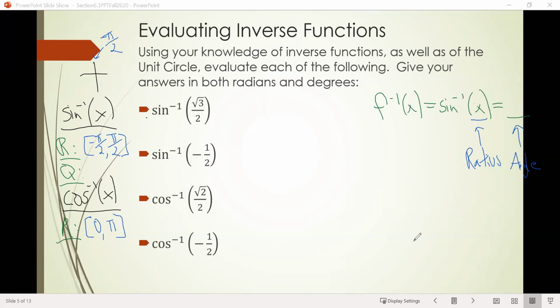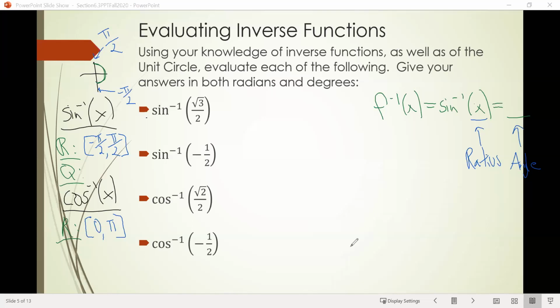And negative pi over 2, that's actually the same as 3 pi over 2, so we're talking about here. So for answers we're getting for inverse sine, they need to be in this area, which would be the first or the fourth quadrant.